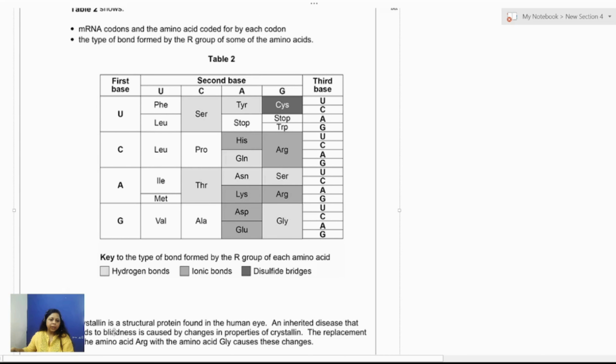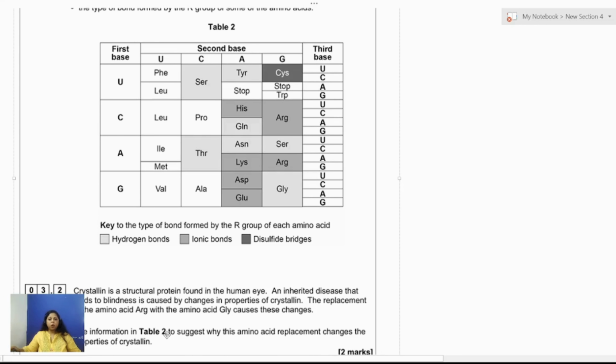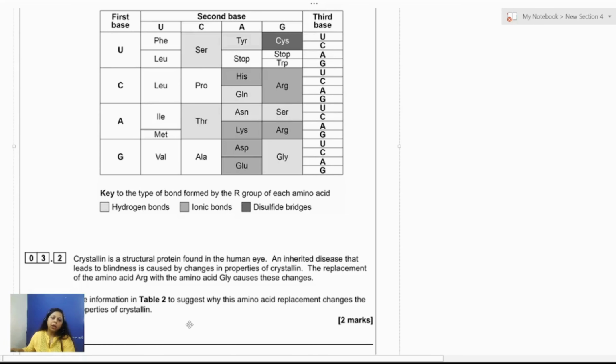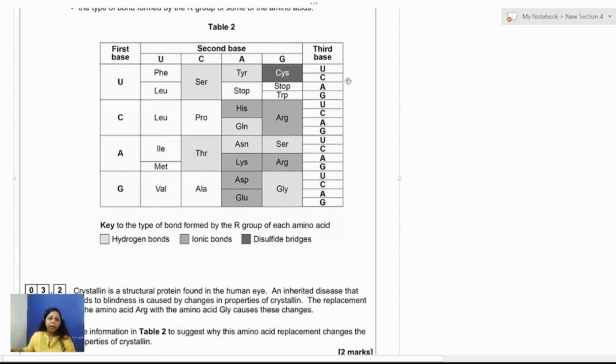So, crystalline is a structural protein found in the human eye. An inherited disease that leads to blindness is caused by the change in the property of crystalline. The replacement of the amino acid arginine by the amino acid glycine causes such changes. Use the table to explain why this amino acid replacement changes the property of crystalline. Now we have to use the sequence from this table.